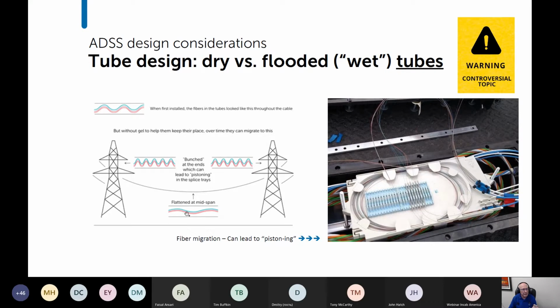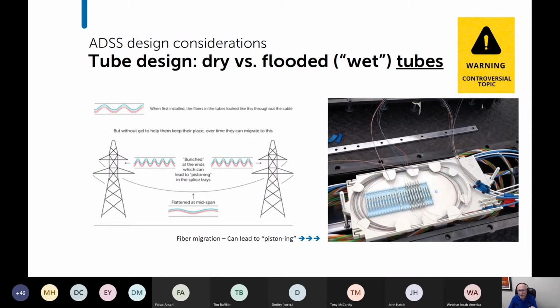Instead, in the middle of the span, it ends up trying to stay straight and pushes itself towards the end. And so at the ends of the spans, the fibers begin to bunch up. That continues down your structure, and the fibers end up pushing out of the tubes. And that's what you see in this picture here.